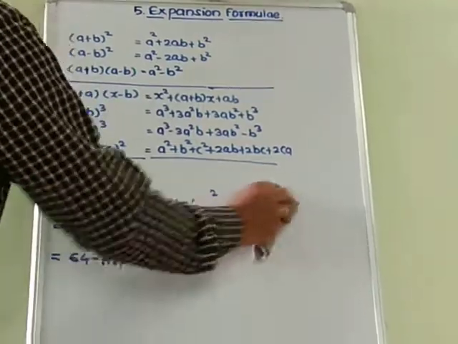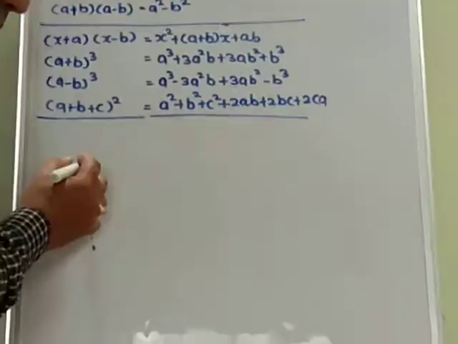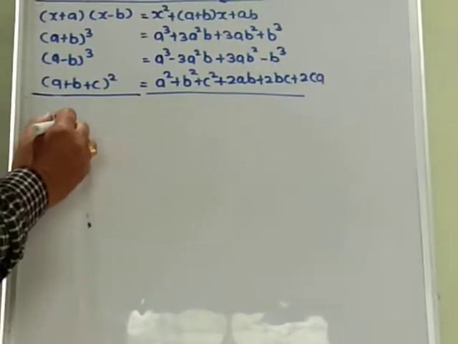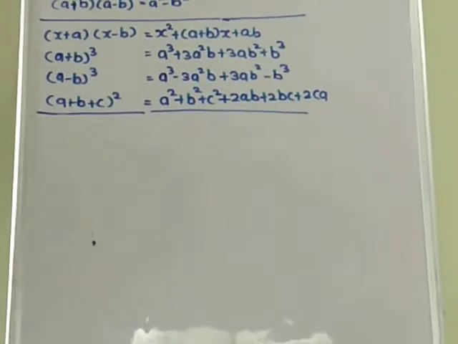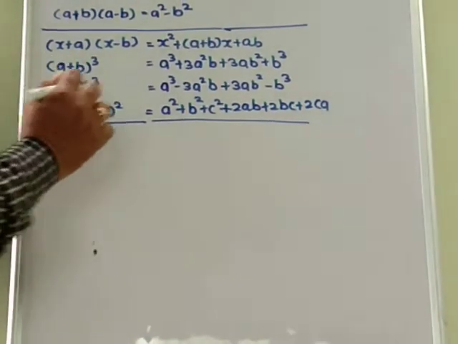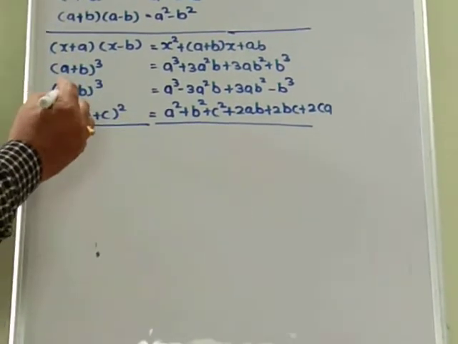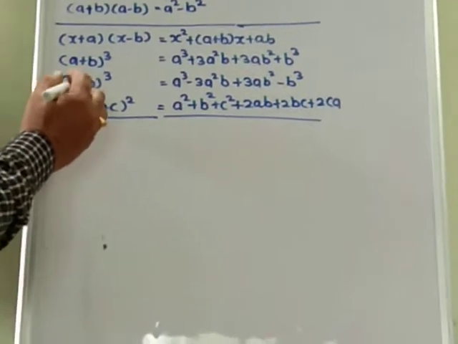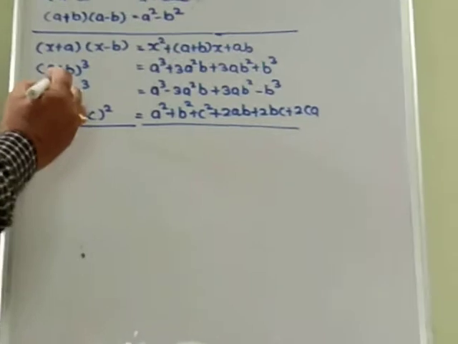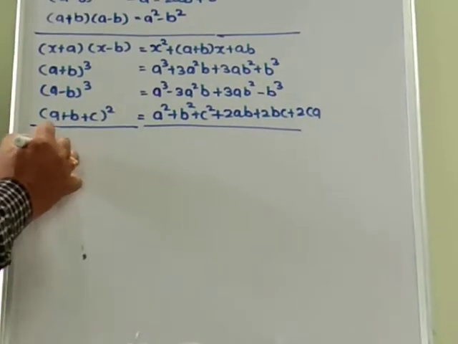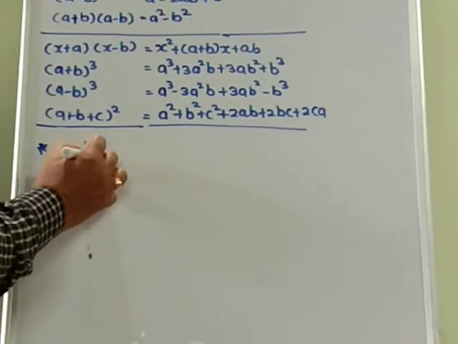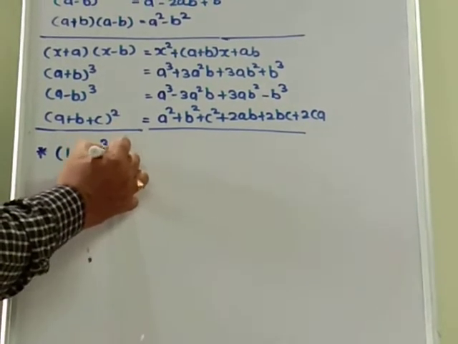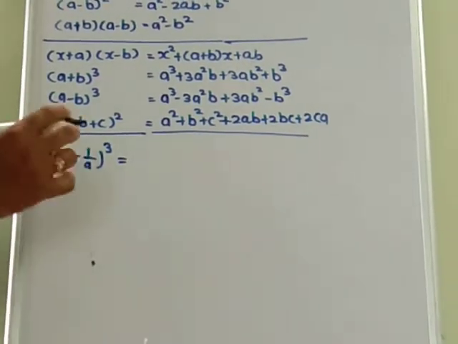Another example regarding the third formula. Okay, then we are going to give another example like this. Third example, that is 1 minus 1 upon a bracket cube, that is equal to, how to solve?